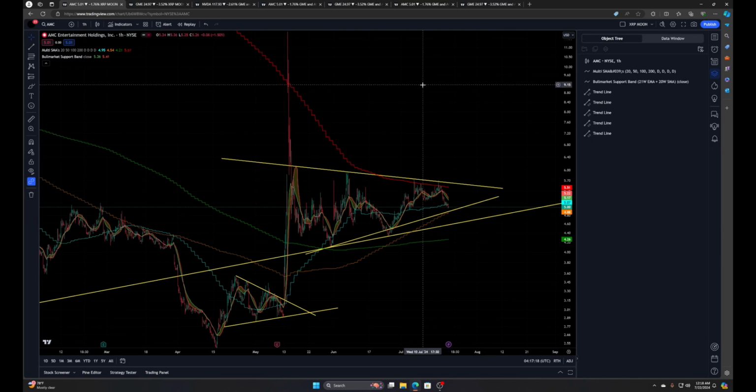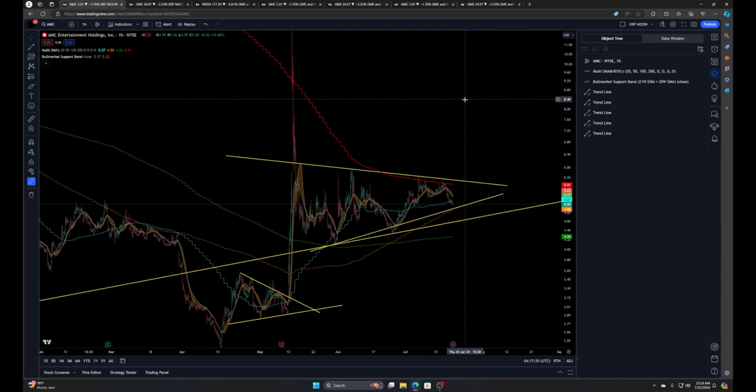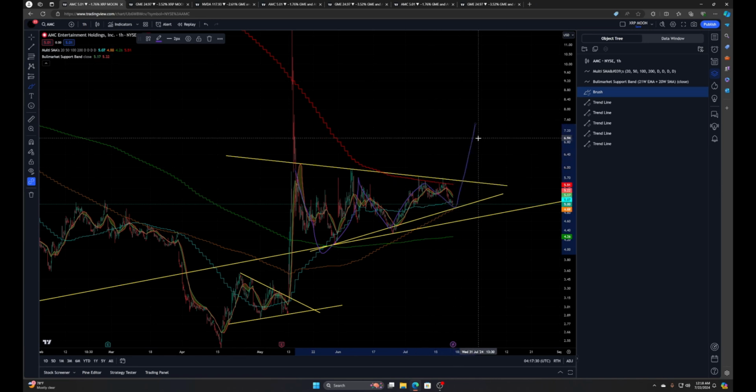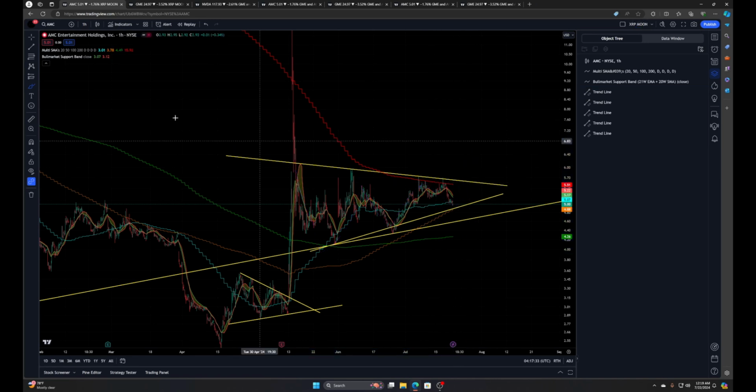This is AMC, so obviously we'll start on AMC. We've been trading in this pennant pattern that you can see here, 1, 2, 3, just zigzagging. We can look at this in two ways.